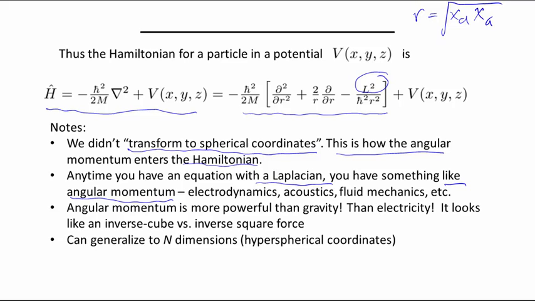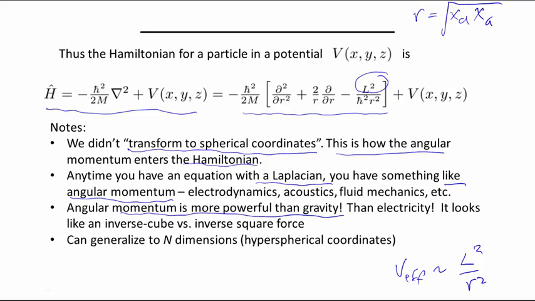The other very important point about this: I say that angular momentum is more powerful than gravity. Well, gravity is pretty powerful, but basically we get a V effective, which is proportional to L squared over r squared.